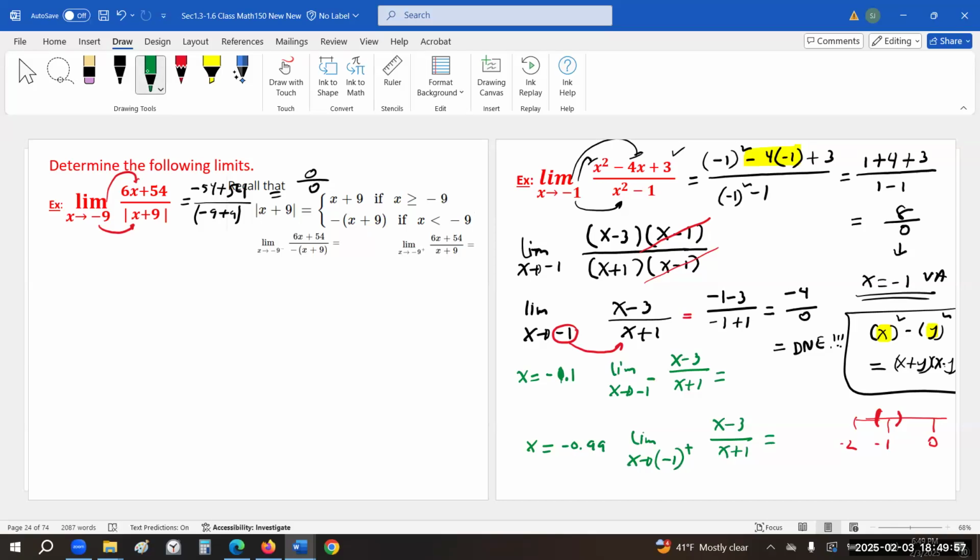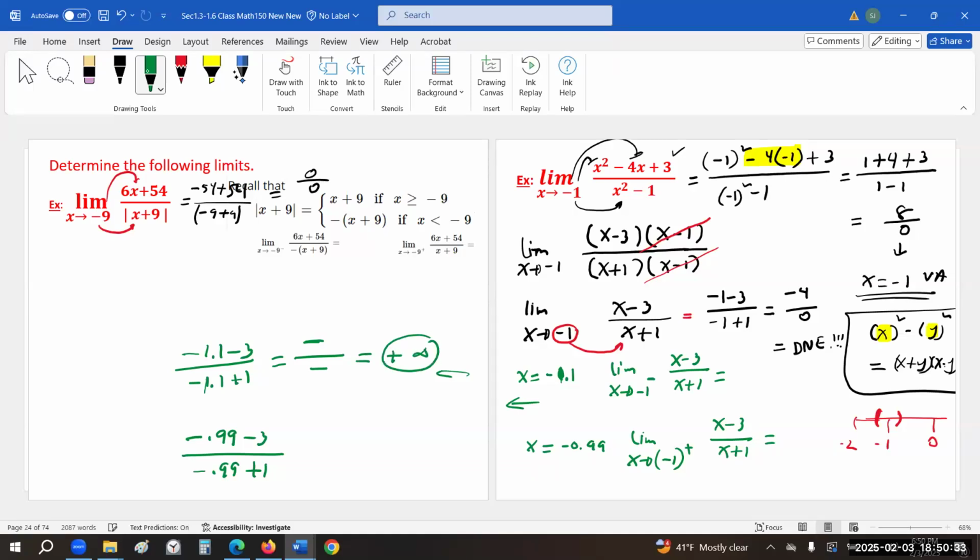So we have -1.1 minus 3 over -1.1 plus 1, and for the bottom, -0.99 minus 3 over -0.99 plus 1. On the left, we have negative on top. On the bottom, 1.1 is bigger, but it has a negative sign, so we have a negative. Negative over negative gives us positive.